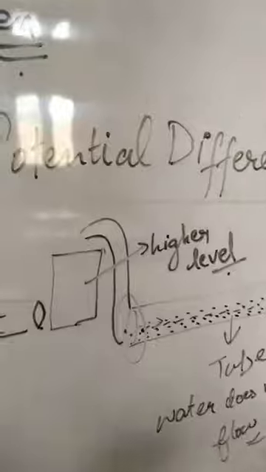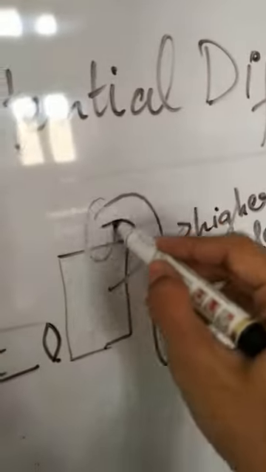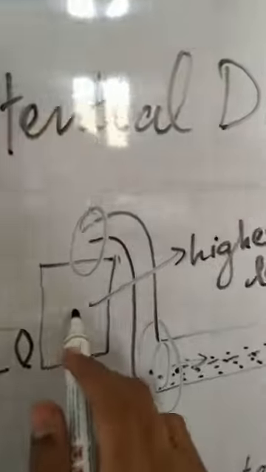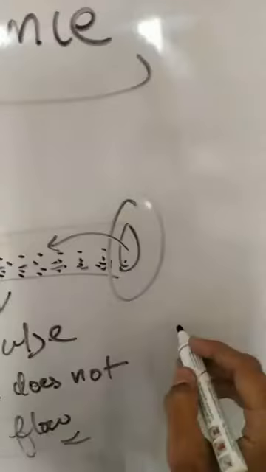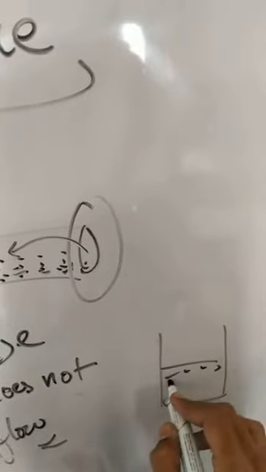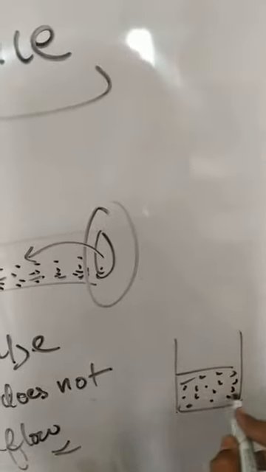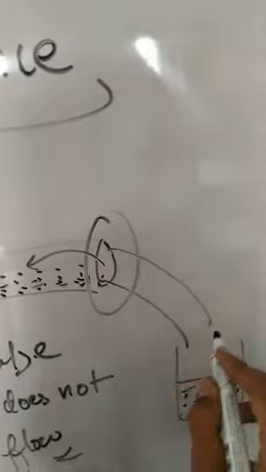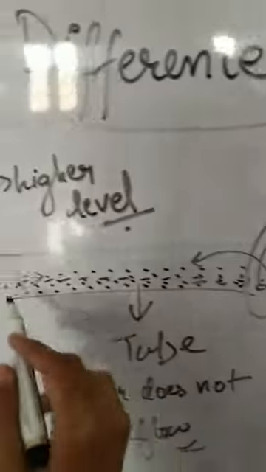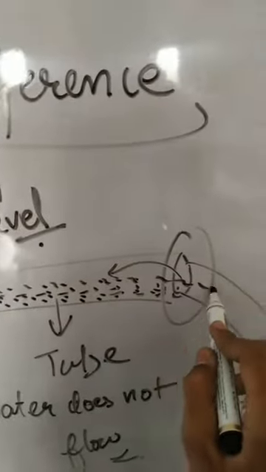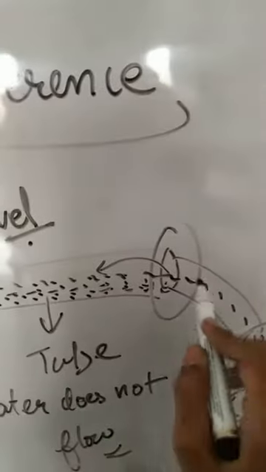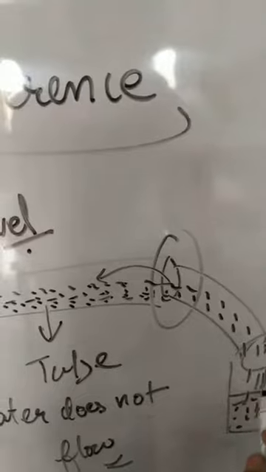This one is at a higher level and the other tank is at a lower level. Now there is a pressure difference between the two ends of the tube, so water will start flowing.